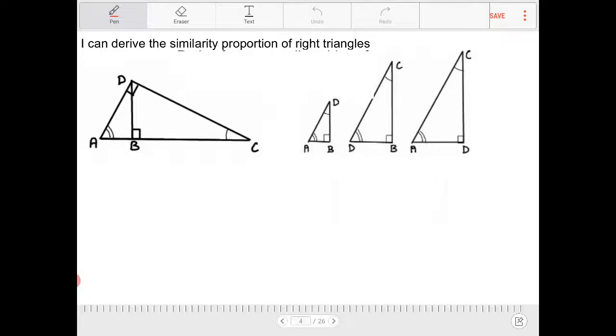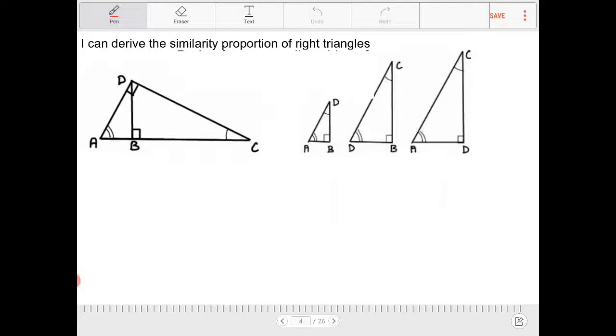So hopefully you guys had some time to think about this and that the triangles that you have correspond with what I have labeled here. What we're going to do now is try to come up with some patterns or some kinds of proportions that we can set up, because all three triangles, as you can see here, are going to be similar based on the angle-angle theorem.